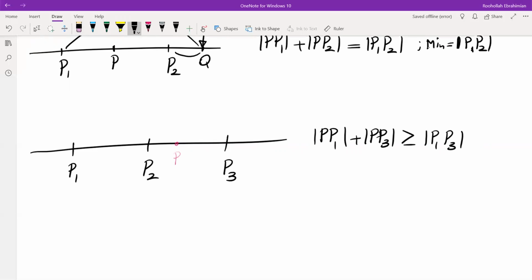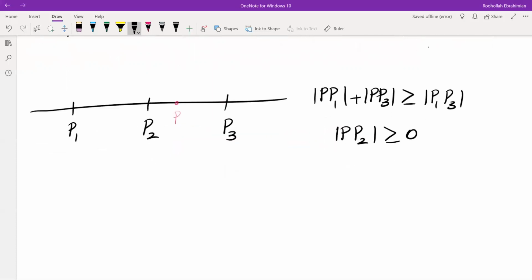Now, that is nice because now I would have to make sure that the distance to P2 is minimized, and the minimum of that is just 0. So that means the minimum distance would be exactly P1P3, and this is obtained at P equals P2.